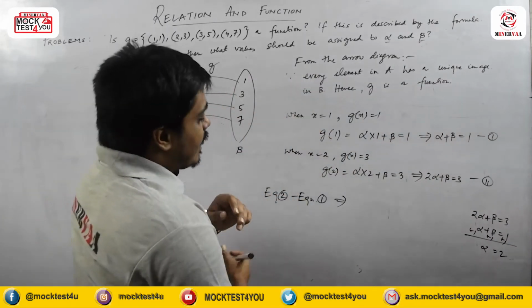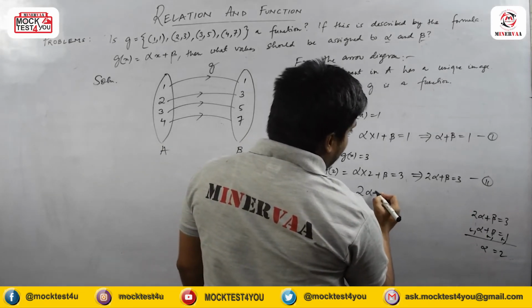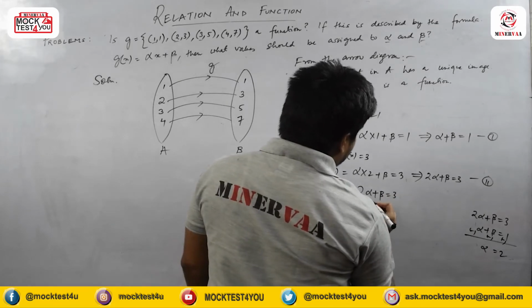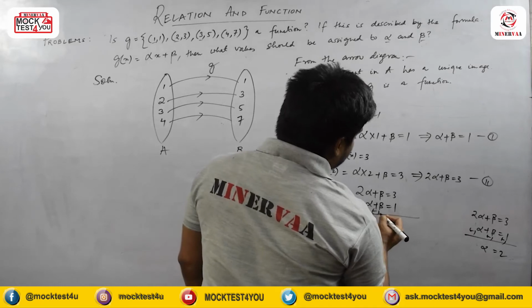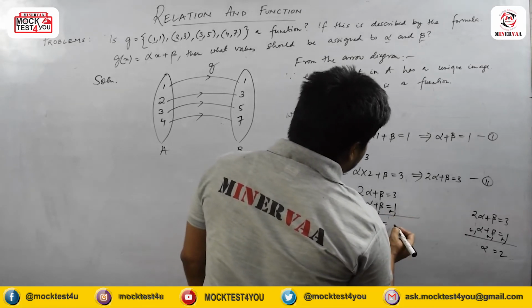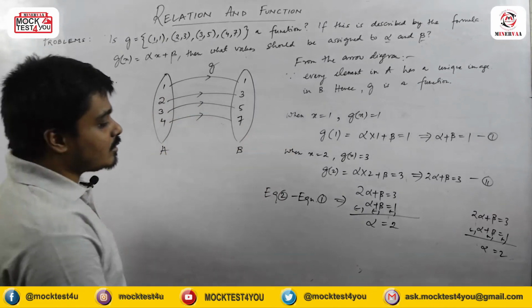If I do equation 2 minus equation 1, so we should have written in here 2 alpha plus beta is equal to 3, alpha plus beta is equal to 1. So if I do subtract, we get alpha is equal to 2. Now using the value of alpha, let us put in the first equation.